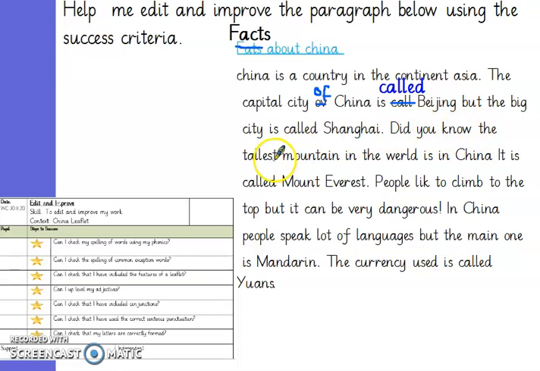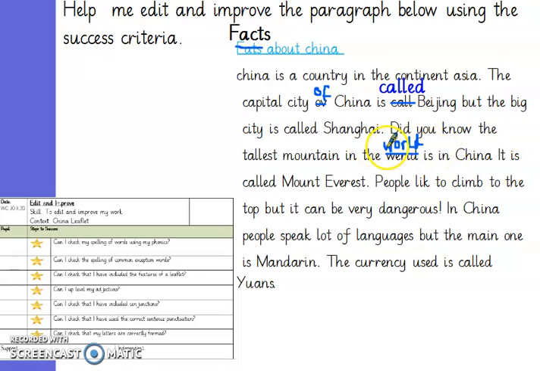Did you know the tallest mountain in the world. Oops, my handwriting's not great on this computer, it's quite tricky.